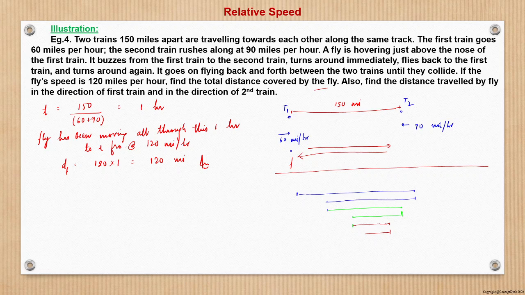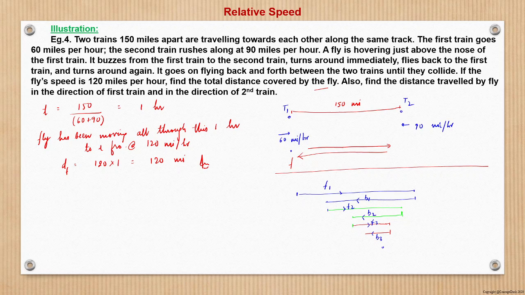Now let us see, suppose we denote this forward movement by F1, this backward movement by B1, this forward movement by F2, this backward movement by B2, this forward movement by F3, this backward movement by B3, and in this fashion this range would keep on narrowing and it merges to a point when the two trains meet.